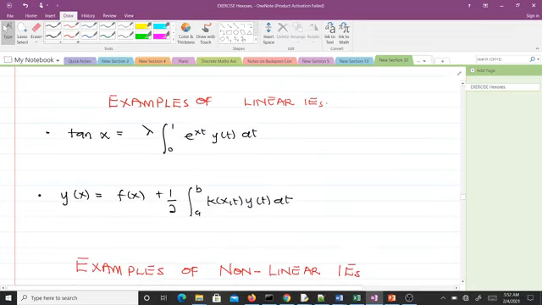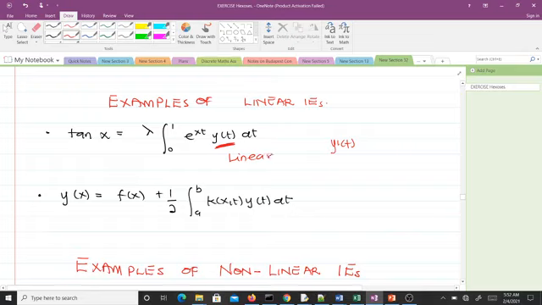So we are saying these two are examples of linear integral equations, okay? And the reason why is that the unknown function is only appearing here, right? And you can see that it is of the power 1, right? So that's what makes this linear.